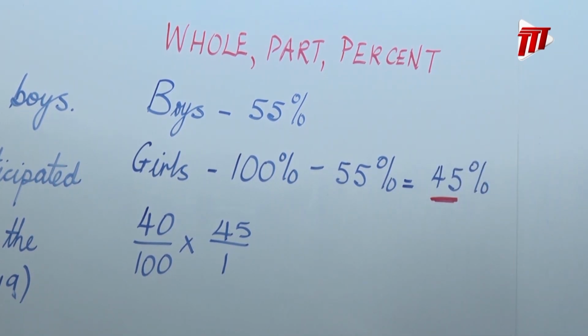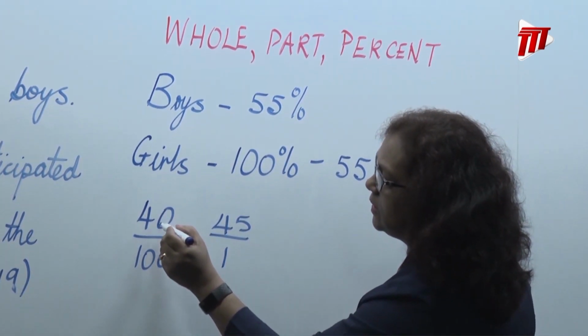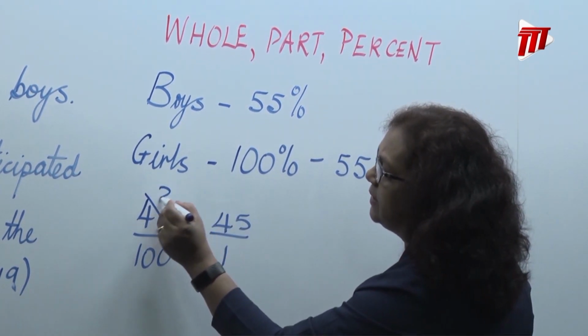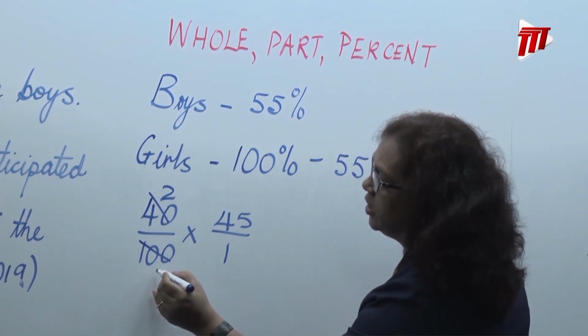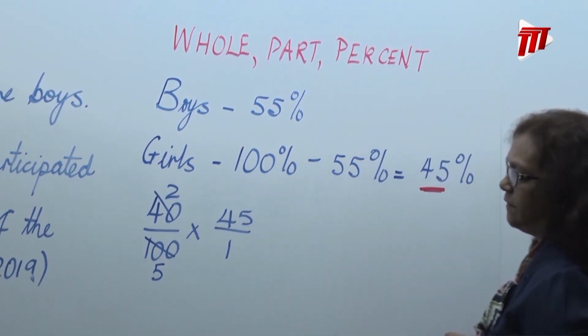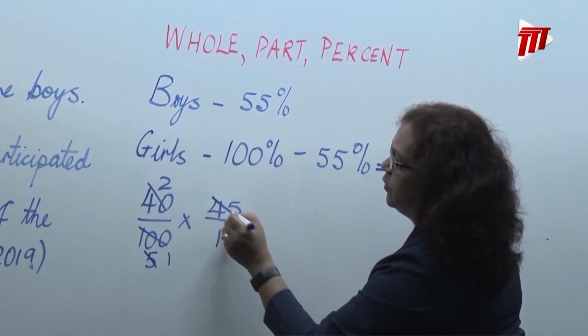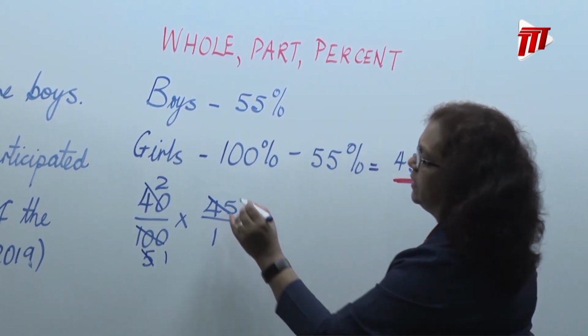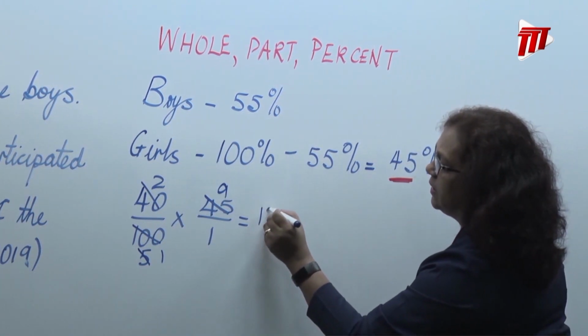So I'm finding 40% of 45. So I can reduce, I can divide by 20, I'm going to get 2, and I'm going to divide my 100 by 20, I'm going to get 5. 45 can be divided by 5 9 times. 9 twos are 18.